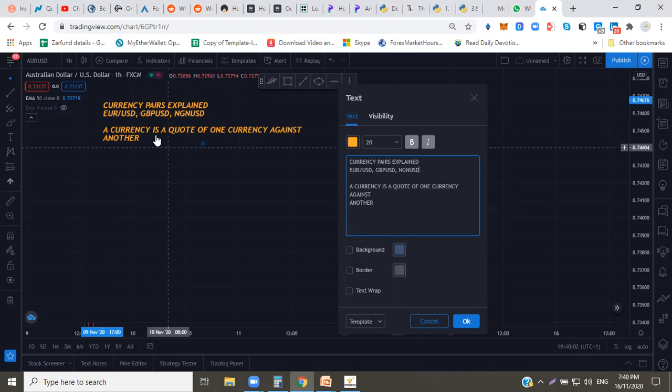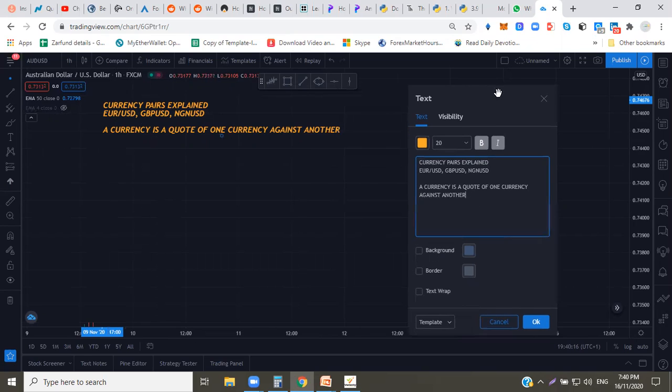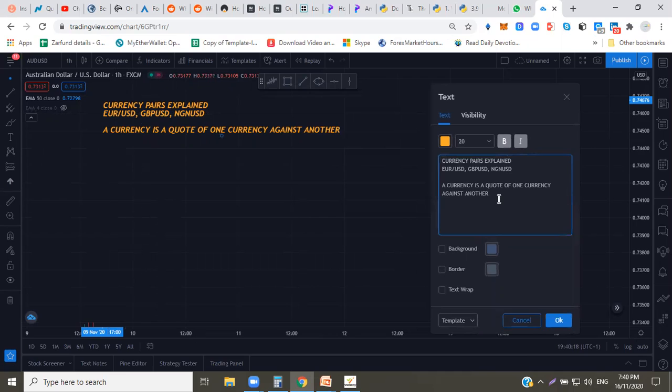Okay. So now, what does this quote mean? It means that usually this quote will be a figure. For example, in this case, you will find 450 to 1.